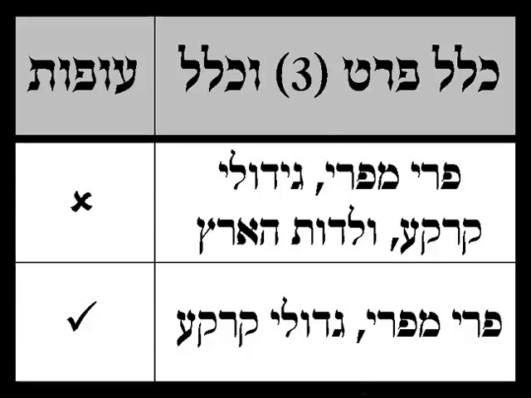So according to one approach, we exclude birds because we focus on the first klal prat, which is very limiting.